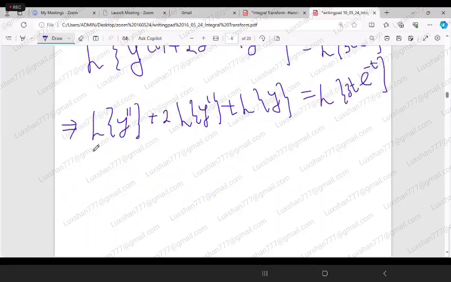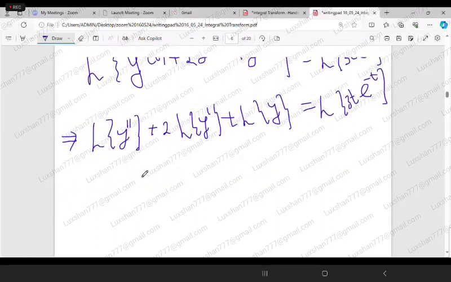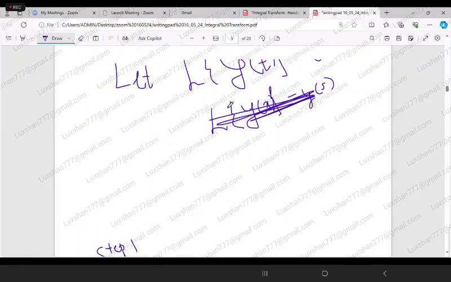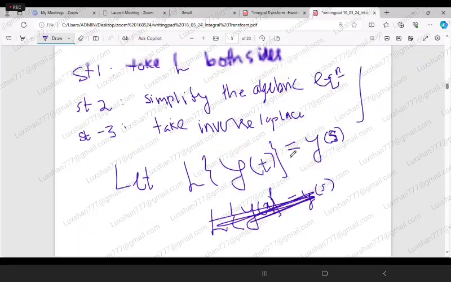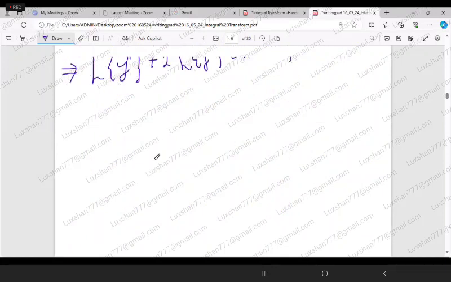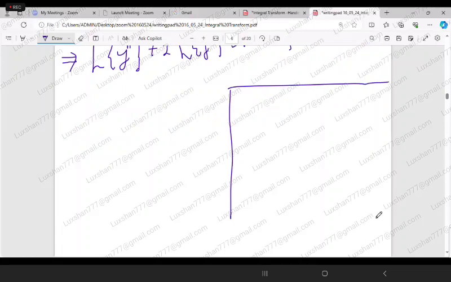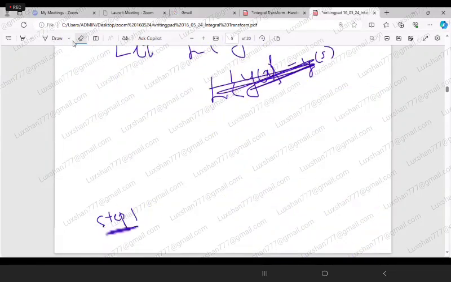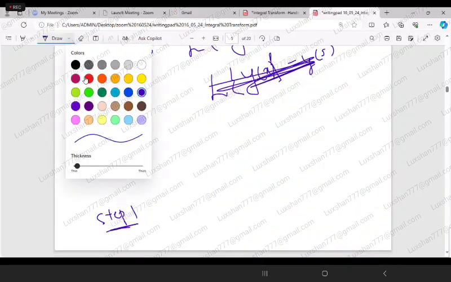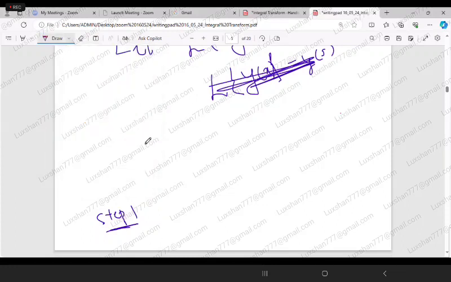So, can anyone tell me what is the Laplace transform of y' and y''? Here we have taken the Laplace transform of y(t) as Y(s). Can anyone tell me the Laplace transform of y'(t)? If you remember correctly, what is the Laplace transform of a derivative? The Laplace transform of f'(t) is equal to s into F(s) minus F(0). What is the Laplace transform of f''(t)?